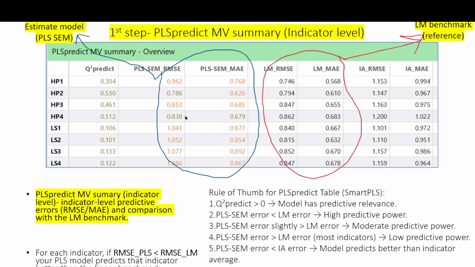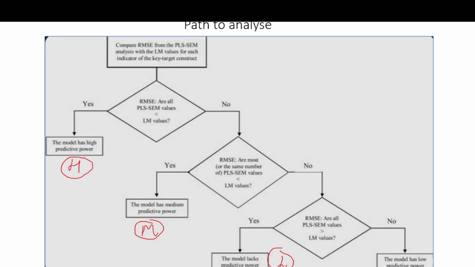So you have to compare these two values with the LM RMSE or LM MAE. If your estimated PLS-SEM model errors are less than the LM benchmark, then the predictive relevance power of the PLS-SEM model is good.